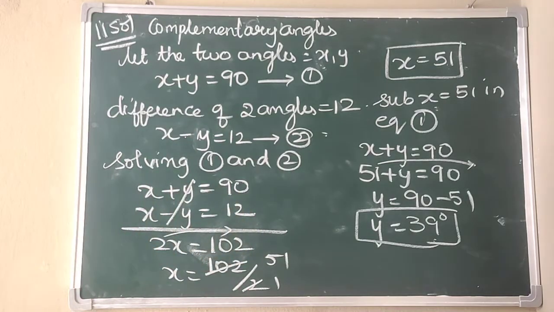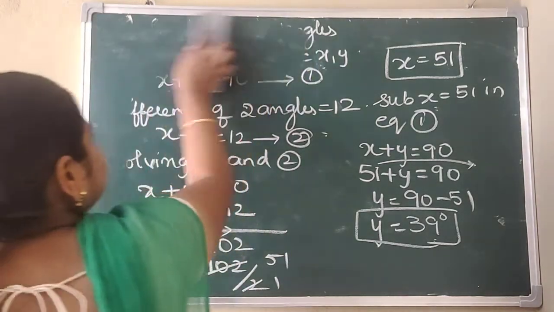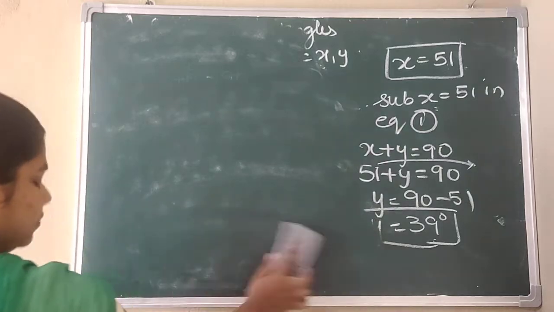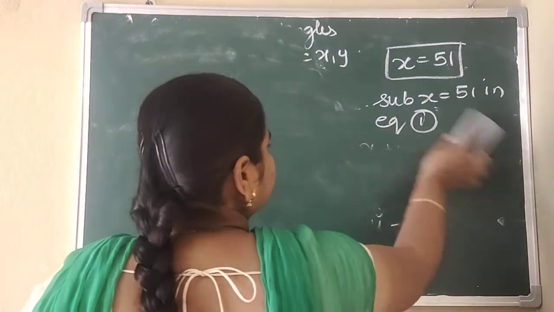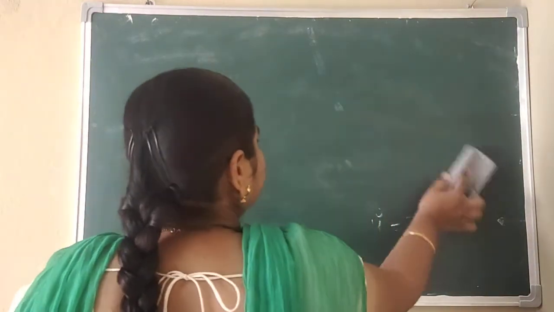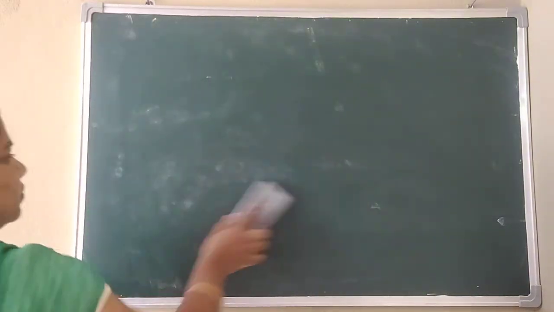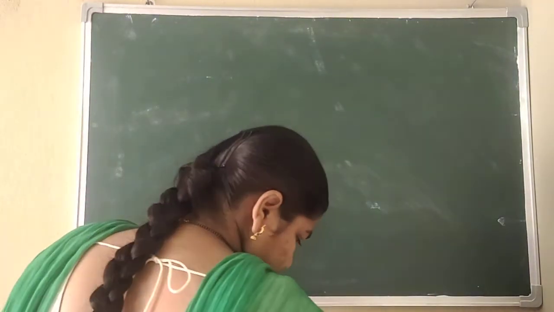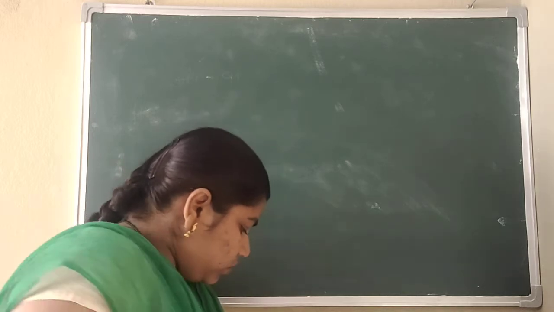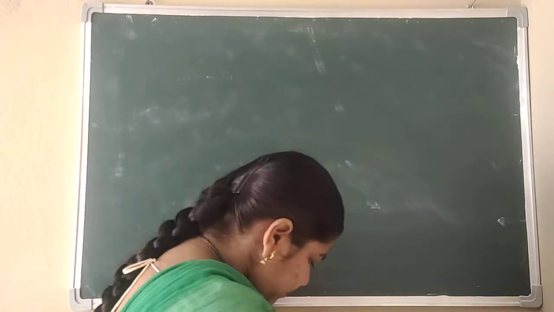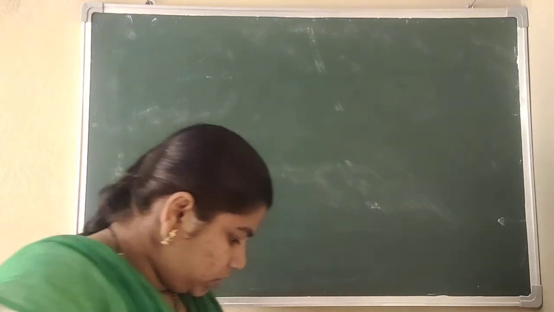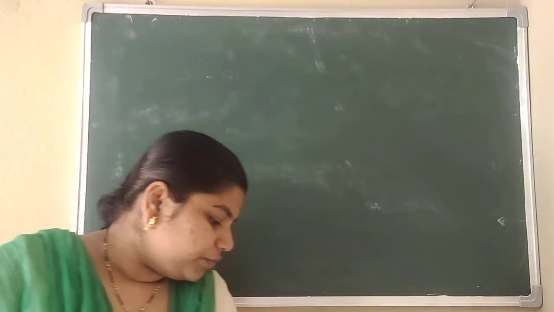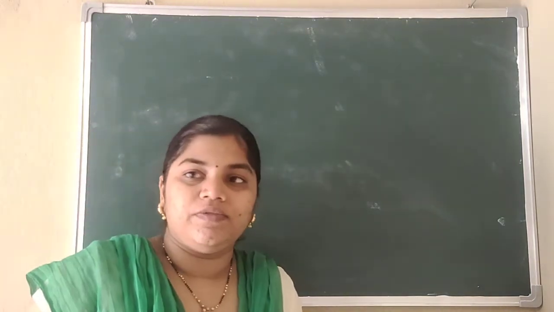So next one. The 12th question is: the ages of Rahul and Lakshmi are in the ratio 5:7.